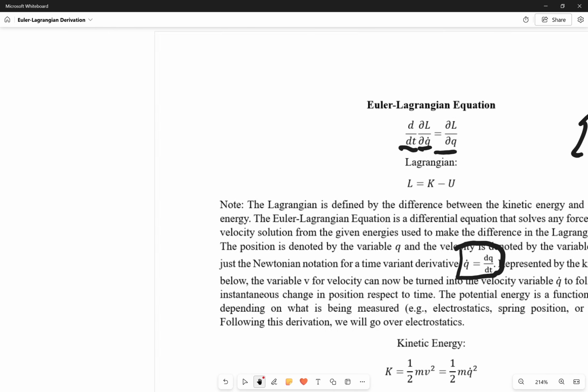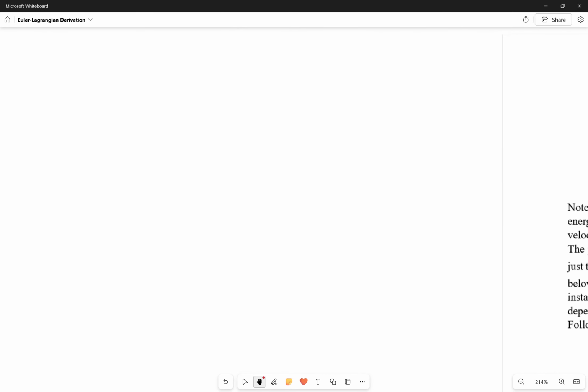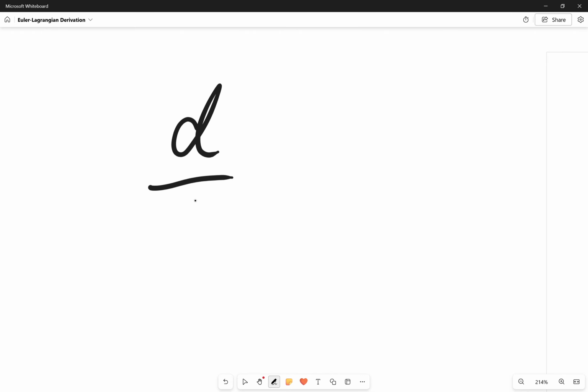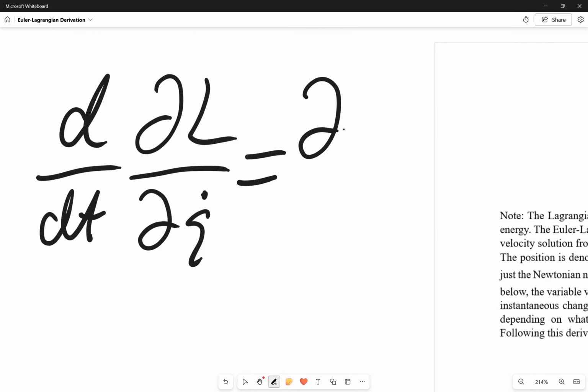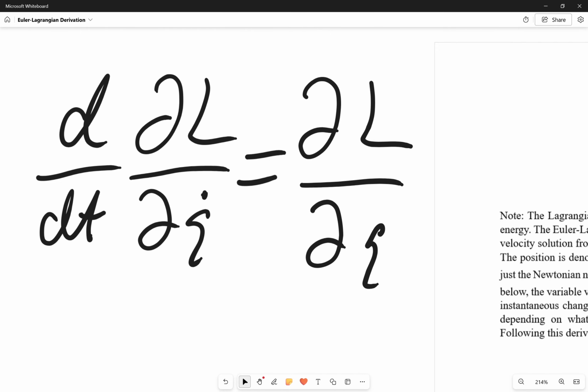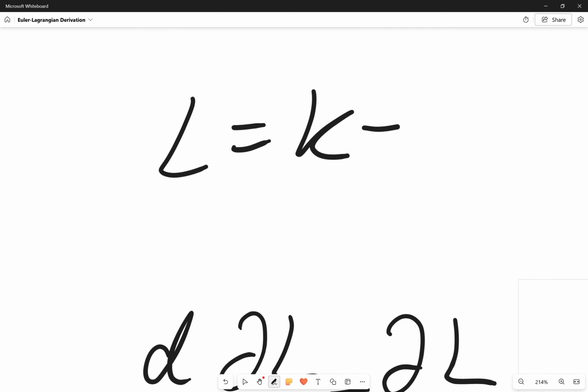Now, the Euler-Lagrange equation is pretty much a force equation. And I'll write it right here. Now, redefining the Lagrangian, we have the Lagrangian equal to the kinetic energy minus the potential energy.